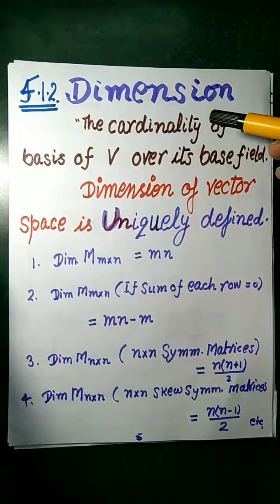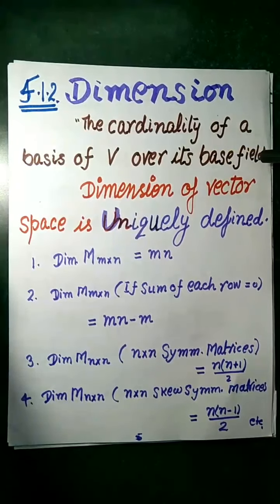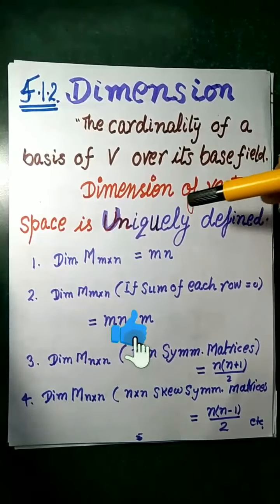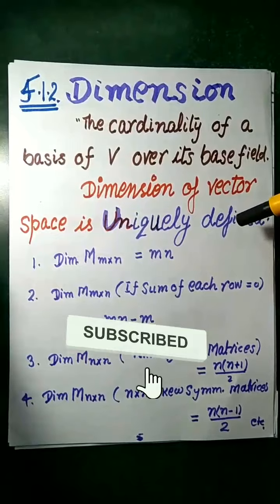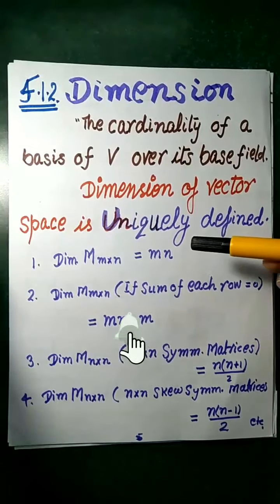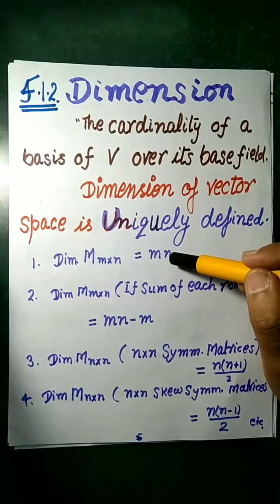Dimension. The dimension is the cardinality of a basis of V over its base field. So we can say the dimension of a vector space is uniquely defined. Now, the dimension of an m by n matrix space is m into n.